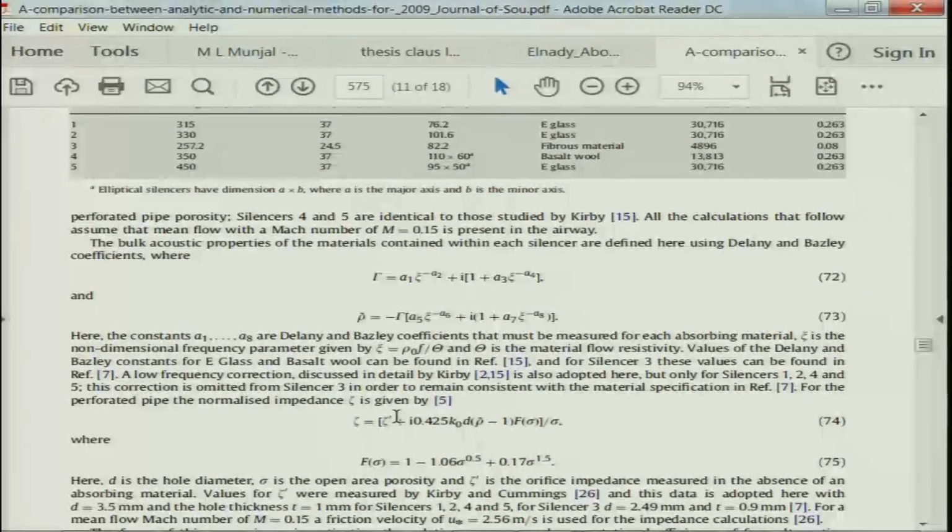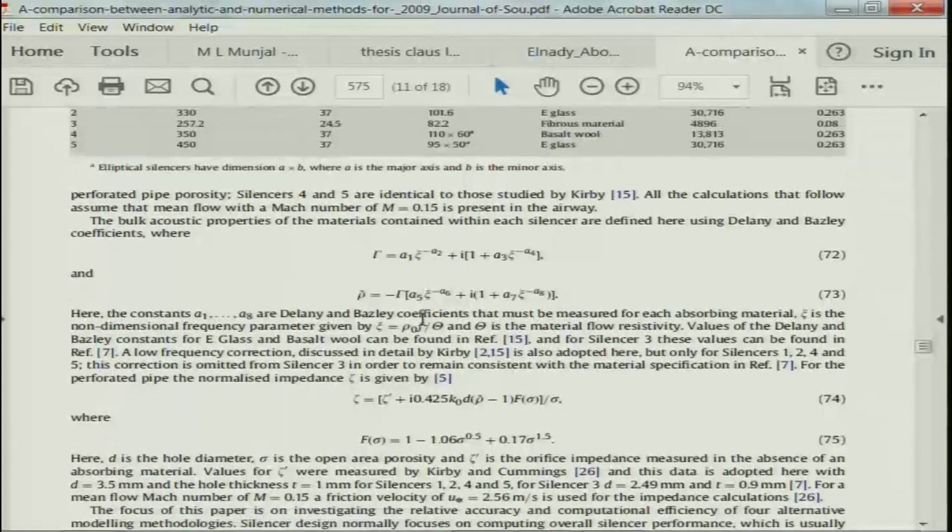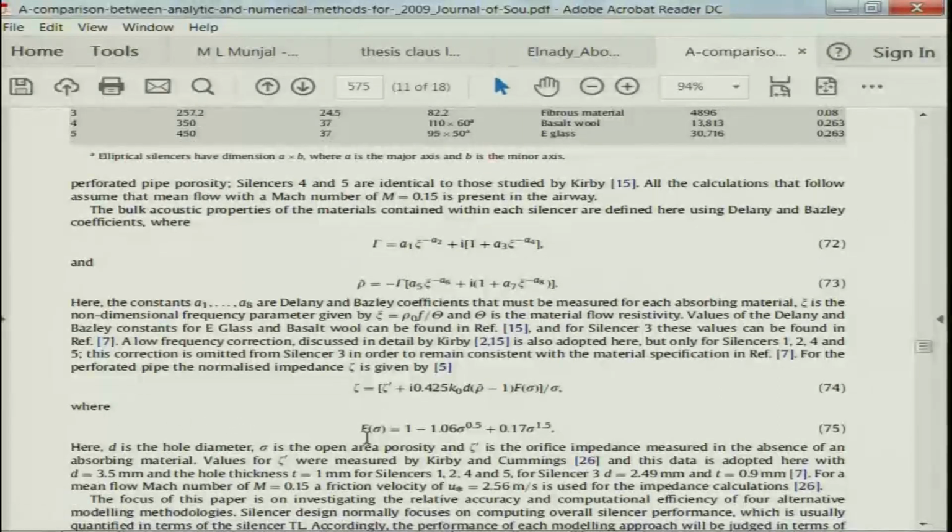Zeta dash is the orifice impedance measured in the absence of an absorbent material, and values of zeta dash were measured by Kirby and Cummins. All these constants that we see here are specific for a particular material.